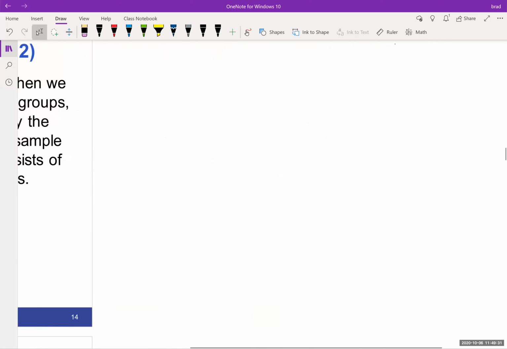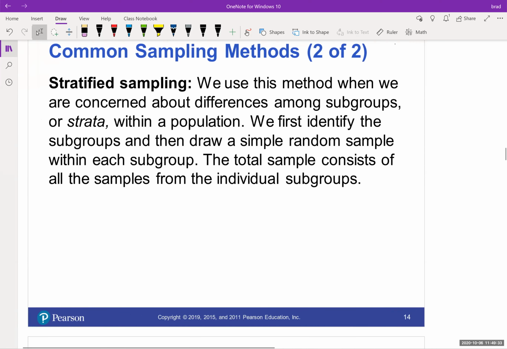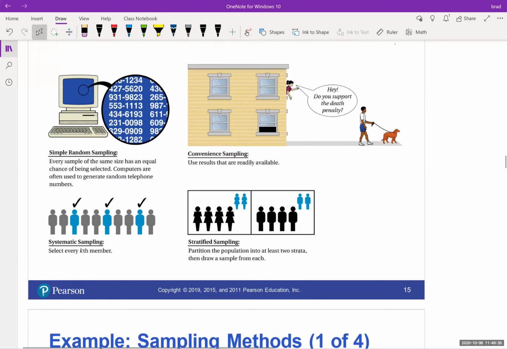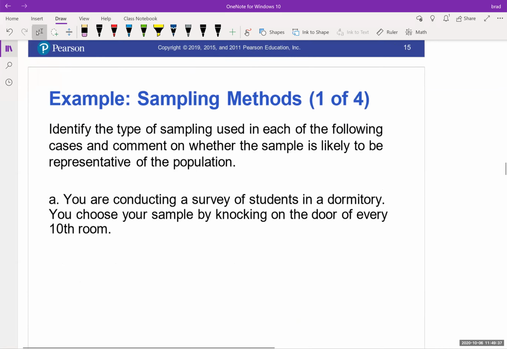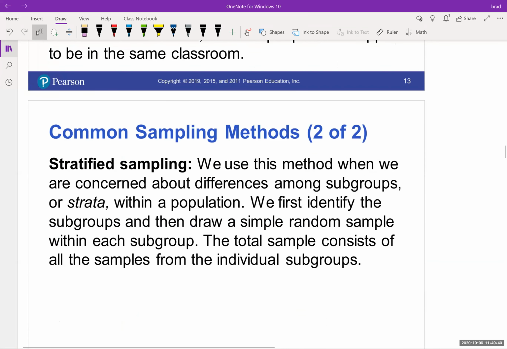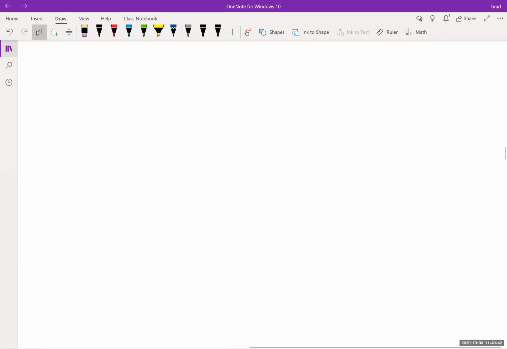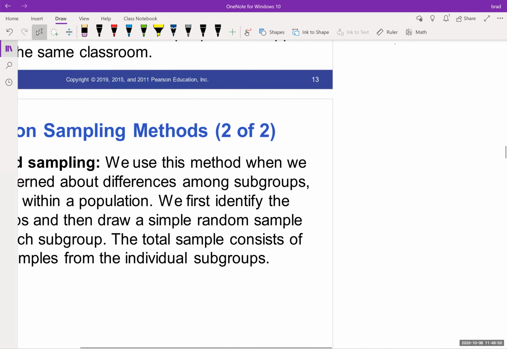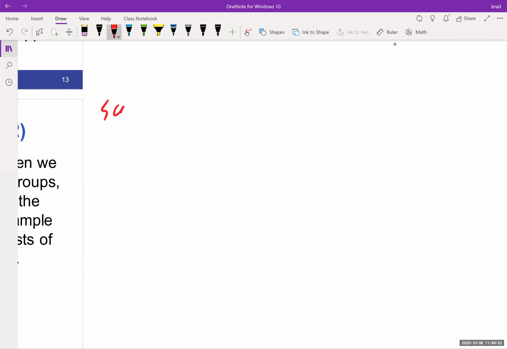I want to come over and do an example. There's more in there, but I want to talk to you about one. Suppose you are studying the cost of living. I'm not going to write out full sentences, just for time constraints.